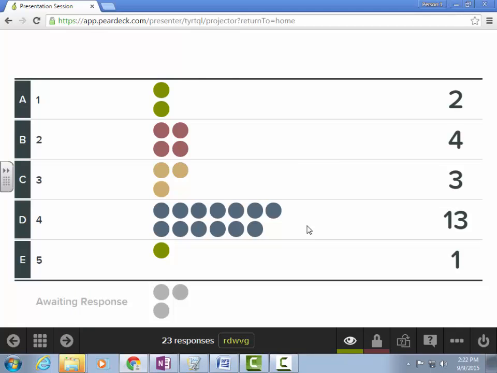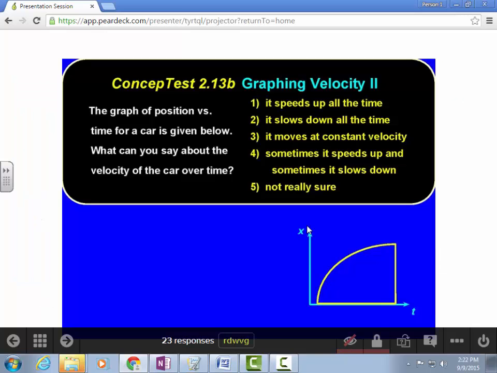All right. So we've got a majority of people picking D. Is anybody here who's absolutely confident of their answer? What do you think, Powers? I said not really sure. Oh, all right.